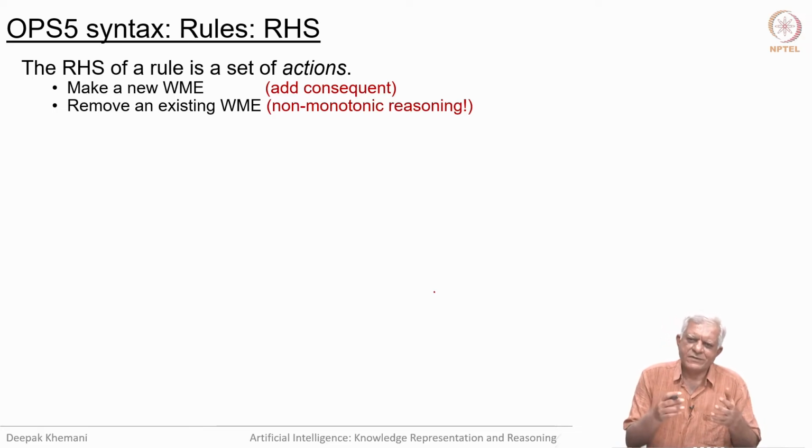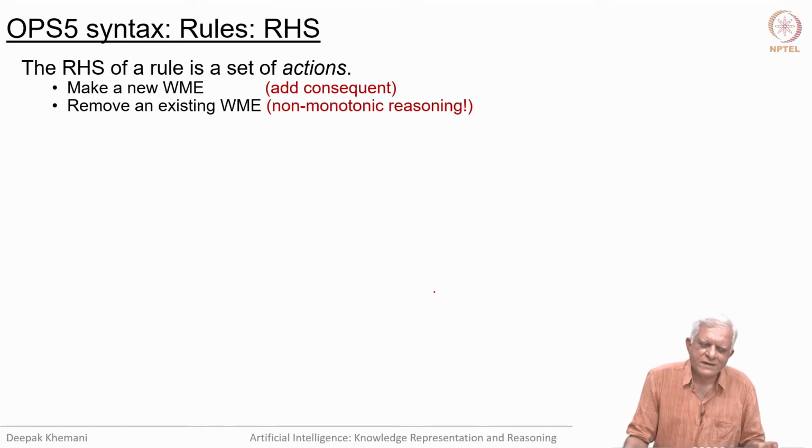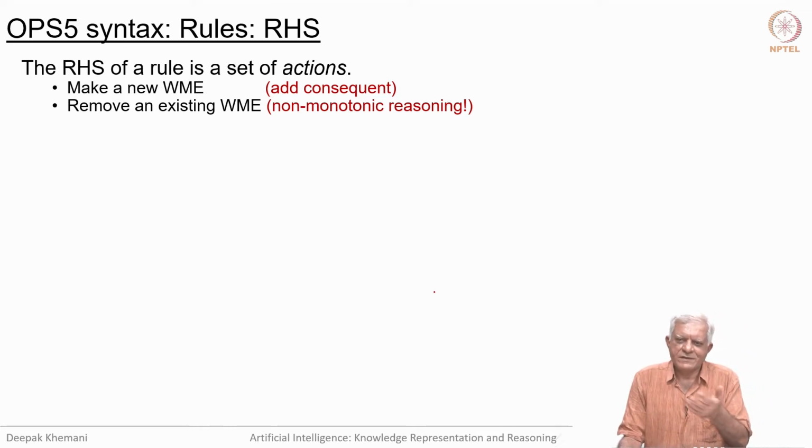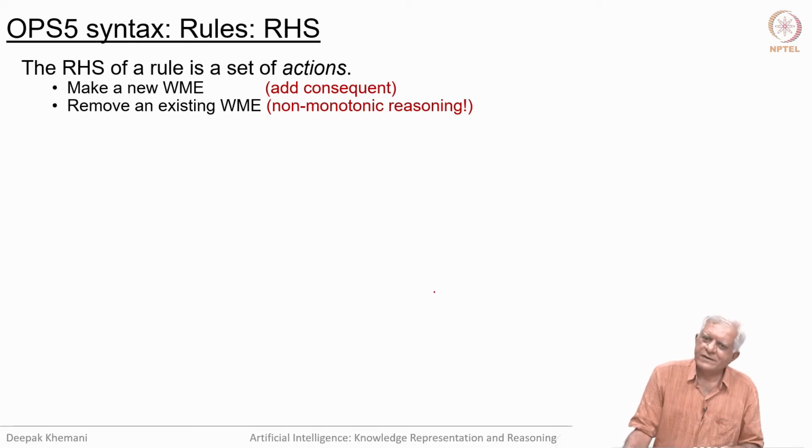The standard example we use in default reasoning is, if Tweety is a bird, then infer that Tweety can fly. But later on, if somebody tells you that Tweety is a penguin, then you may want to retract this. And so, non-monotonic logics do that sort of thing.